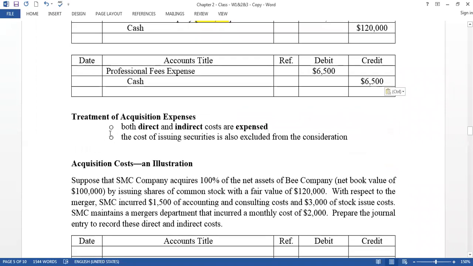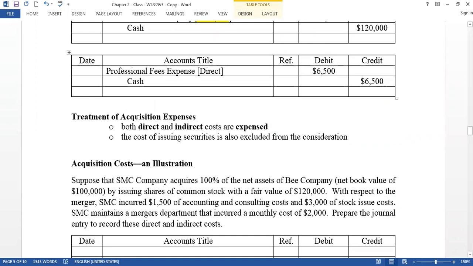So this is the new thing. If we have any direct or indirect acquisition expense, we have to record it as expense. Clear? This one is the direct example.